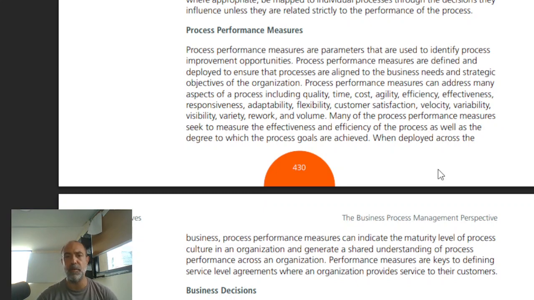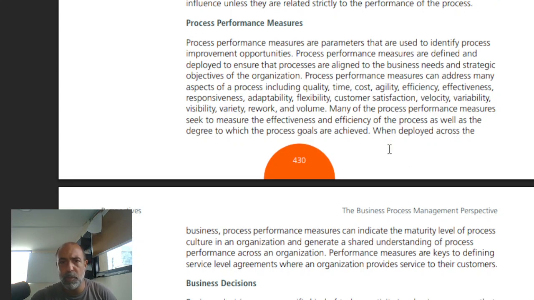Measures can address many aspects of the process, including quality, time, cost, agility, efficiency, effectiveness, responsiveness, adaptability, flexibility, customer satisfaction, velocity, variability, visibility, variety, rework, and volume. Right, if you're building a process, you have to look at all the different aspects of the process and see what's going on.